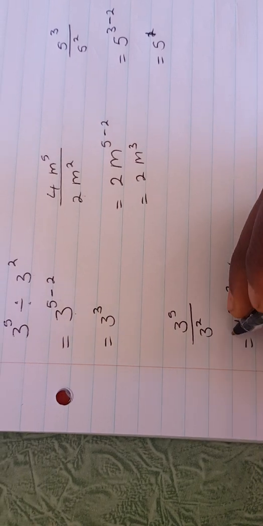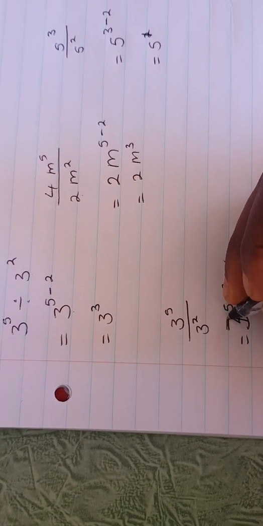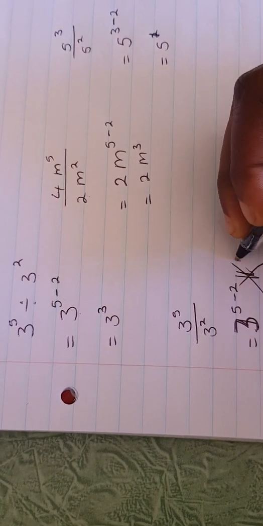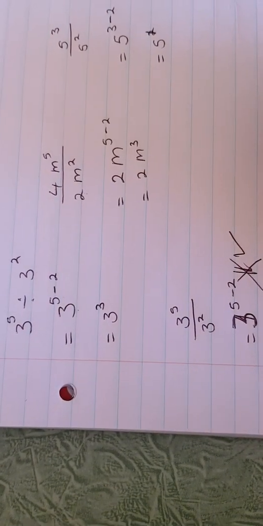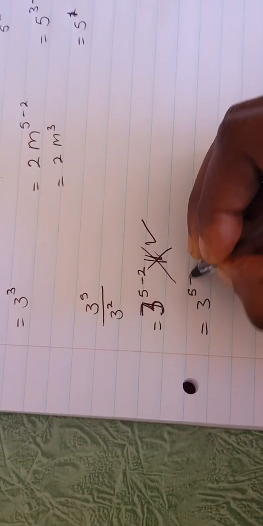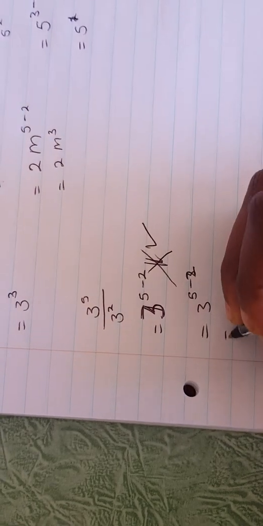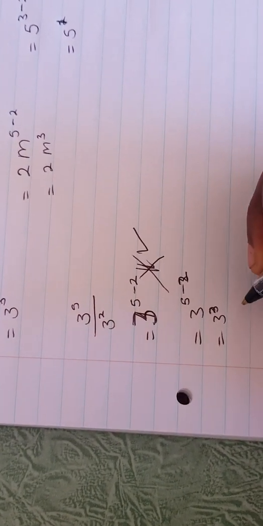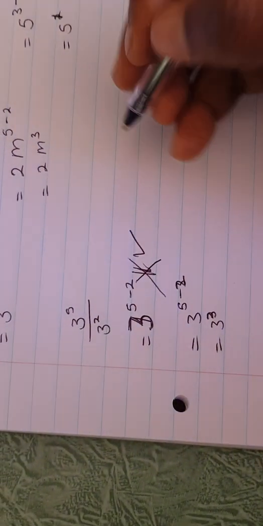We keep the base. Our base is 3. We keep the base, and then after keeping the base, you will be correct when you subtract the exponents. I hope that is understandable, guys, and do not make this kind of mistake, because I have rectified you before you do it. The answer is 3 to the exponent 3.